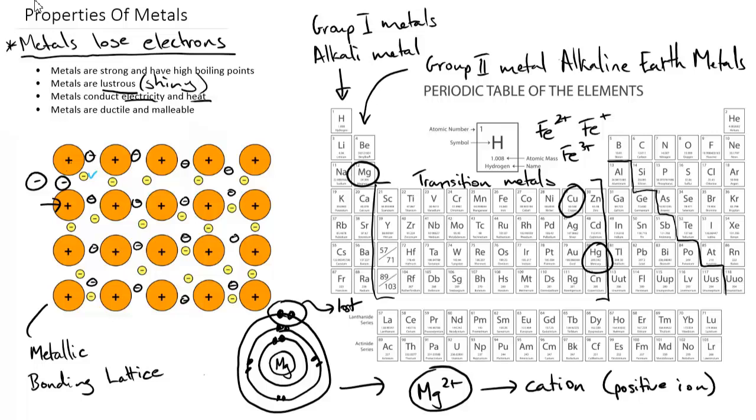It's very important. So metals conduct electricity because they have delocalized electrons. These electrons are capable of just moving through a structure. So metals conduct electricity since the delocalized electrons can move, and heat is exactly the same.